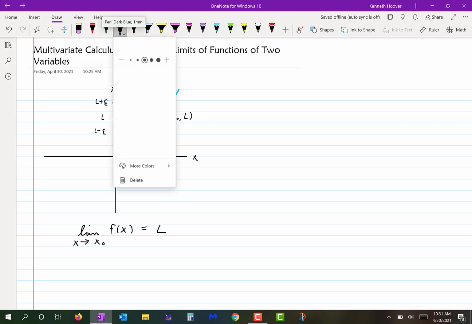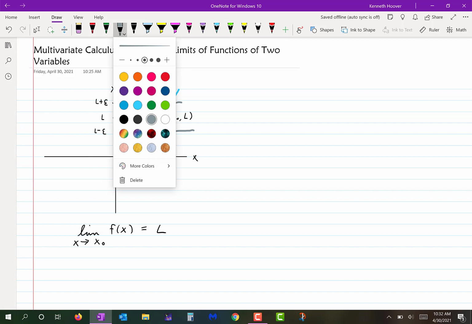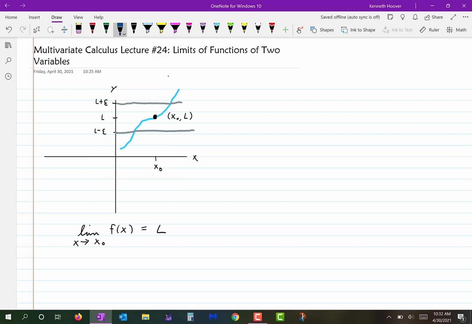If you go to a distance of epsilon away from L, so that means you're looking at a horizontal section here from L minus epsilon up to L plus epsilon, and you're asking the question, how close does x need to get to x naught in order for y to be in that band? Okay, remember that?